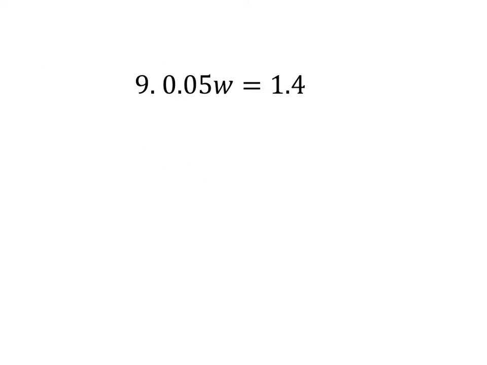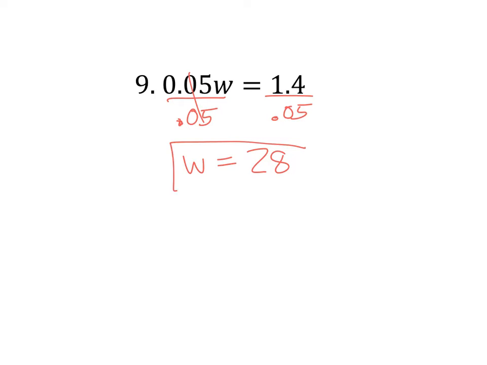Then over here on 9, 0.05w, that's multiplication. Opposite operation is going to be divide by 0.05, divide by 0.05. And I'm left with w equals, I need help on this one. Sorry, let me pull my calculator up. 1.4 divided by 0.05 is 28. So w equals 28.